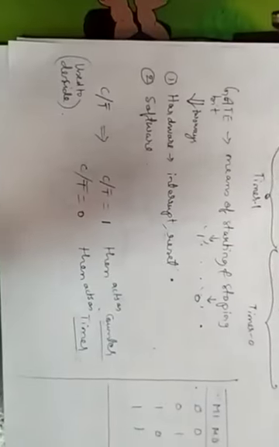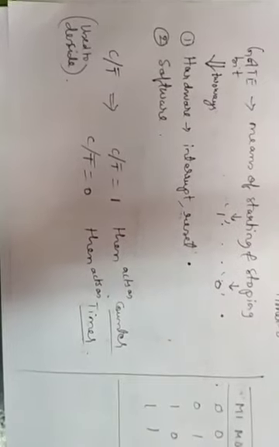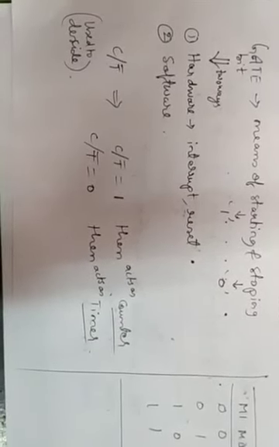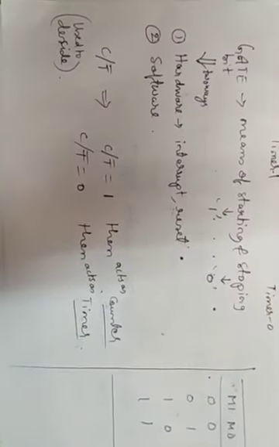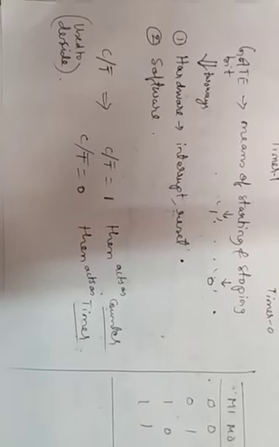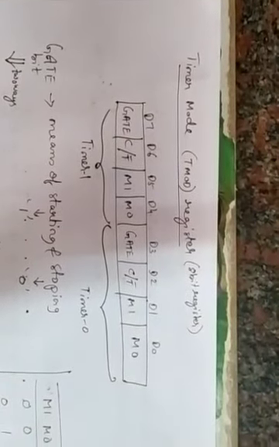Next, coming to the C/T bar bit. This will decide whether timer 0 or timer 1 is working like a counter or timer. If C/T bar is 1, then it acts as a counter. You need to see which bit, either D6 or D2.